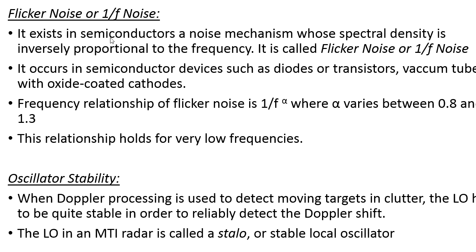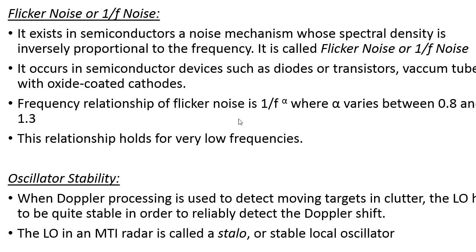And next is flicker noise. Flicker noise is the noise introduced by semiconductor devices. The semiconductor device may be diodes, transistors, or vacuum tubes with oxide coated cathodes. Because of this, noise is induced. That noise we call flicker noise, represented as 1/f noise.